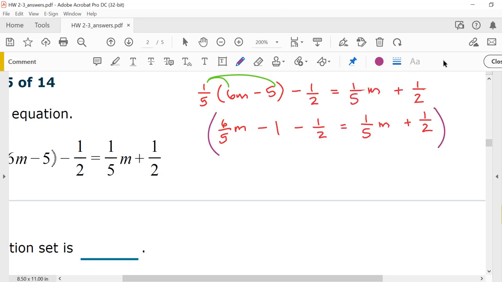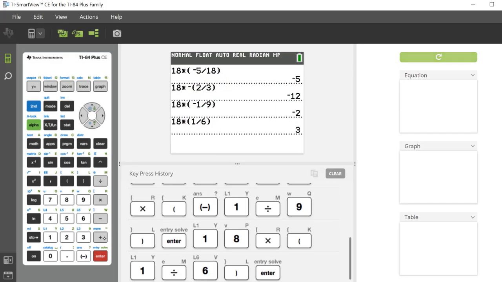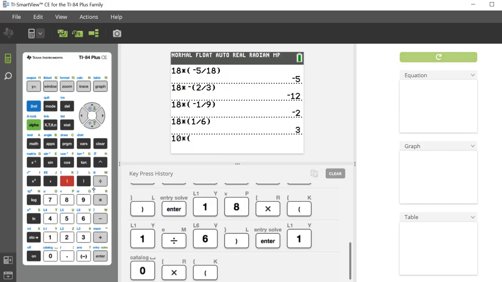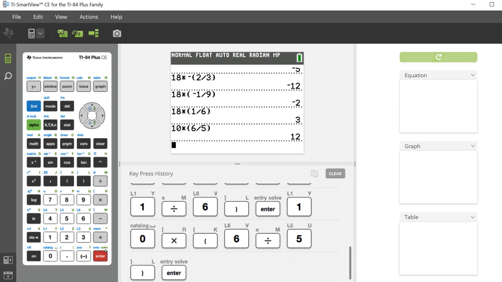So what number will 5 and 2 both go into? The answer is 10. So I'm going to multiply every term by 10. 10 times 6/5 m. 10 times 6/5 is 12.